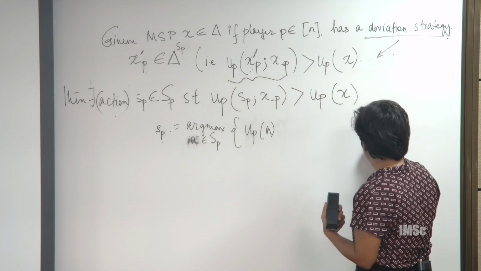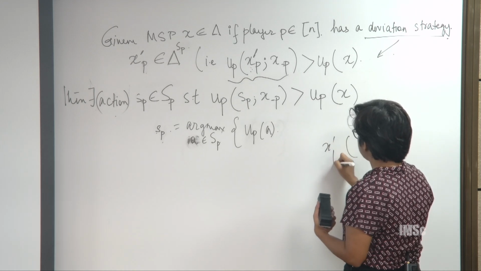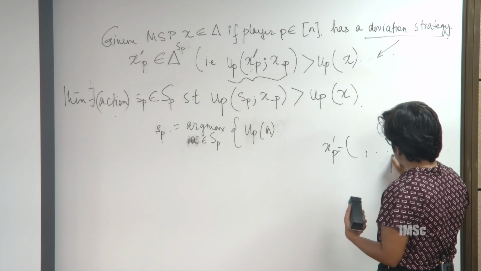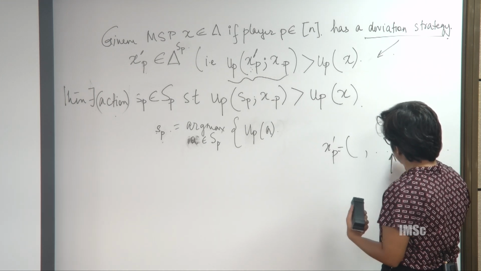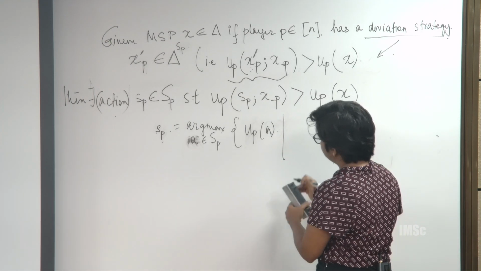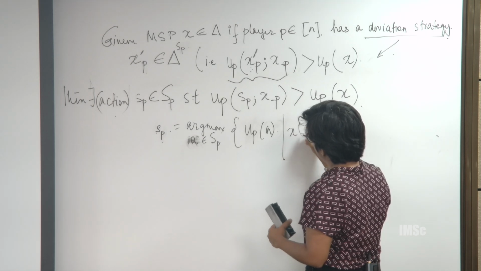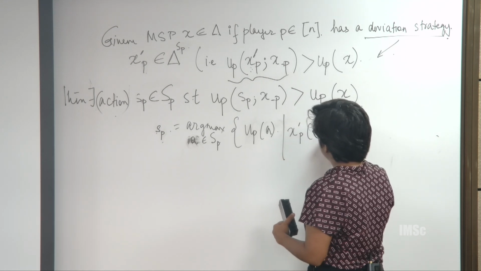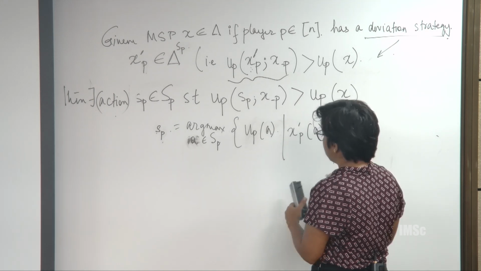I want to see the probability. I am basically going to look at the action a such that x prime P(a) is more than 0.